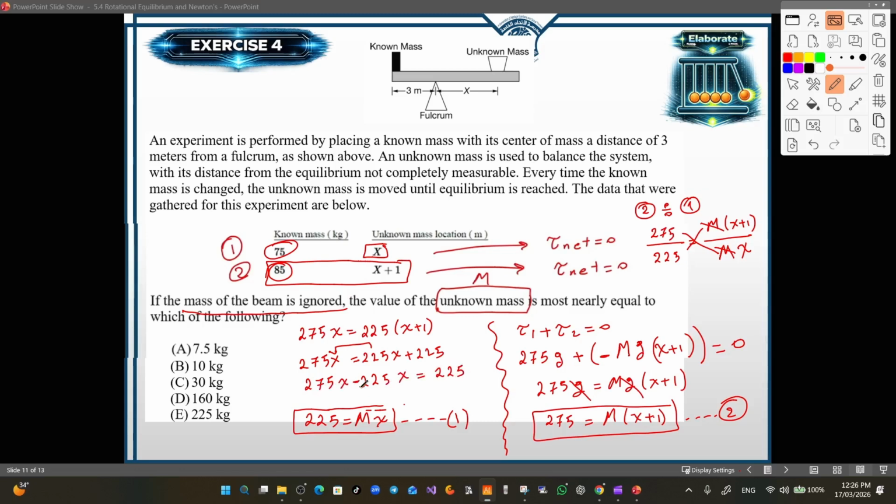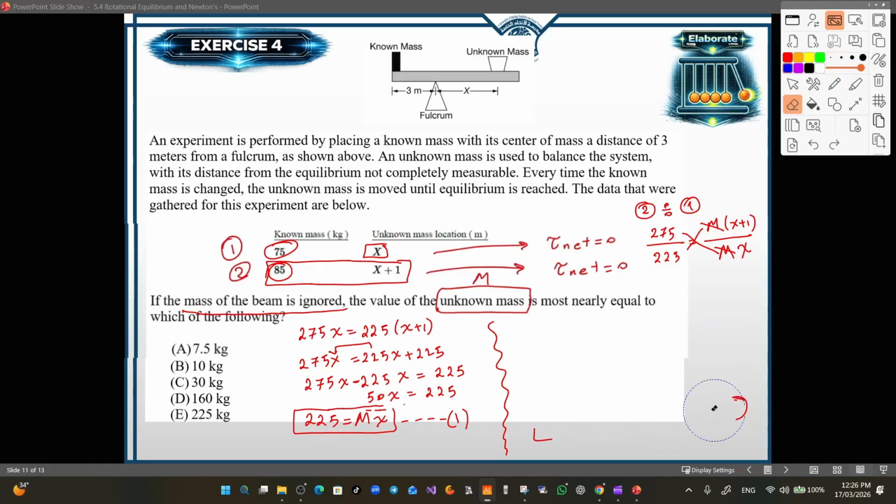Now 275 minus 225, this is 50x equals 225, and x in this case is 4.5 meters.